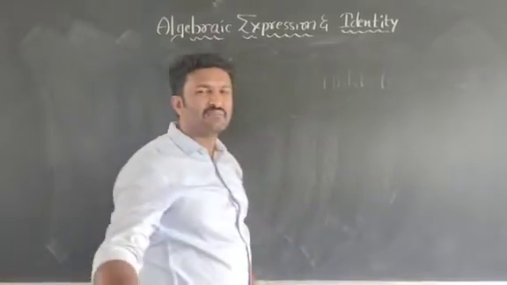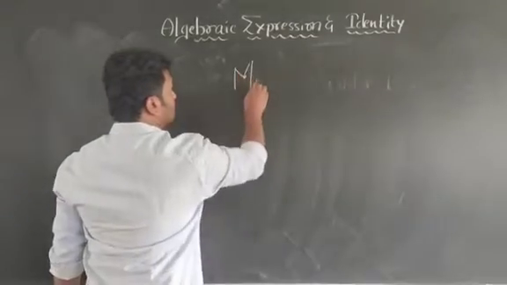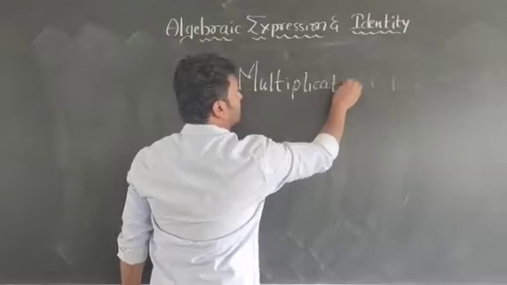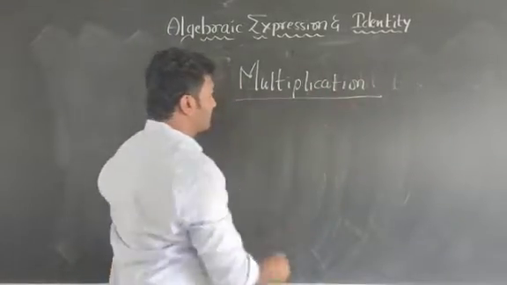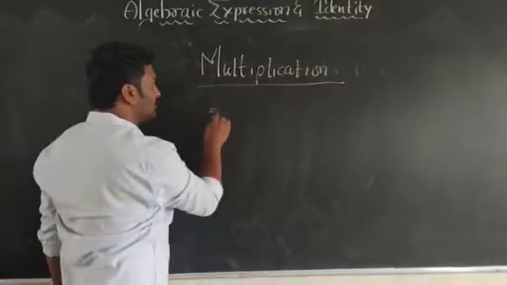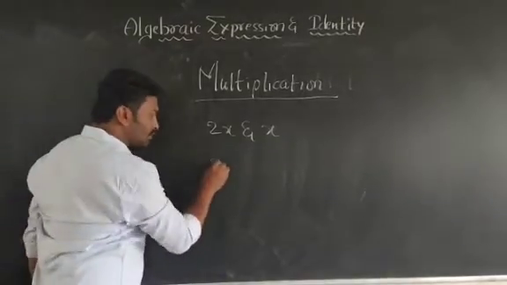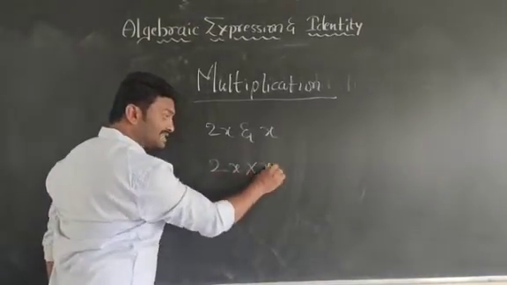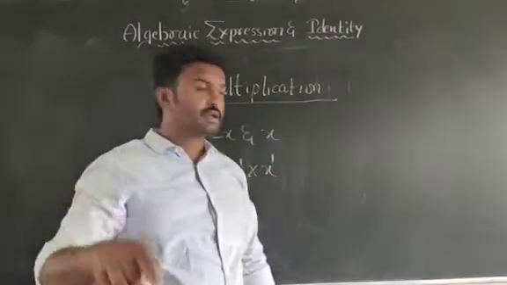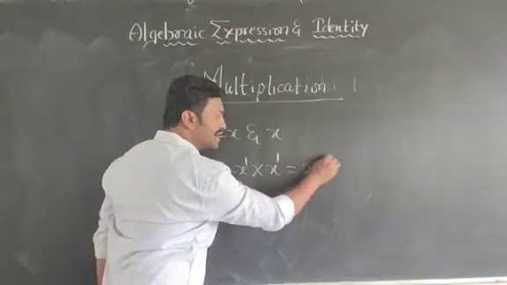Next, multiplication of terms like binomial, monomial, trinomial. Multiplication of binomial and binomial. For example, 2x into x. After multiplying, this becomes 2x square.